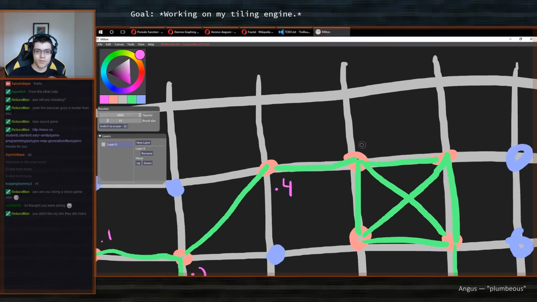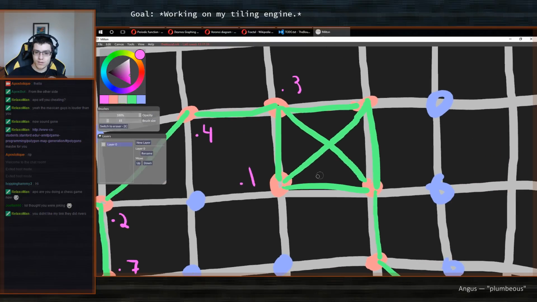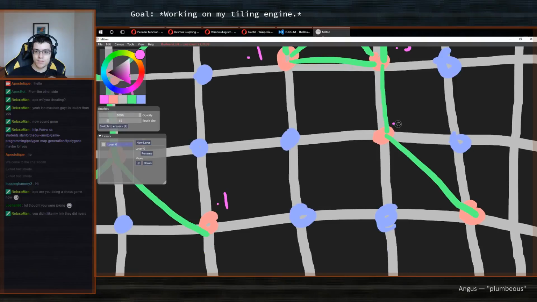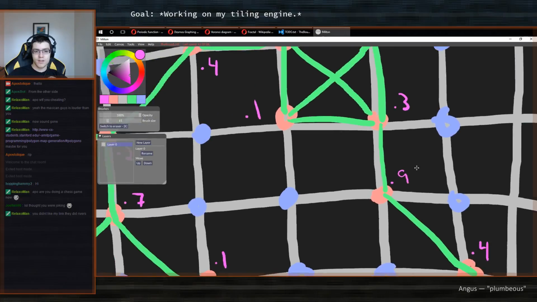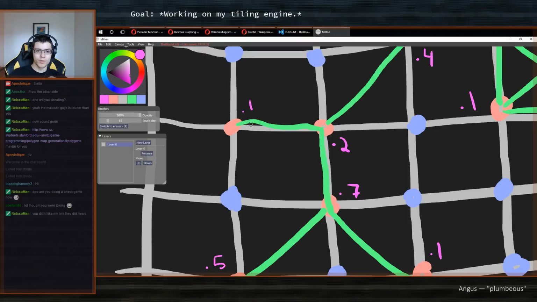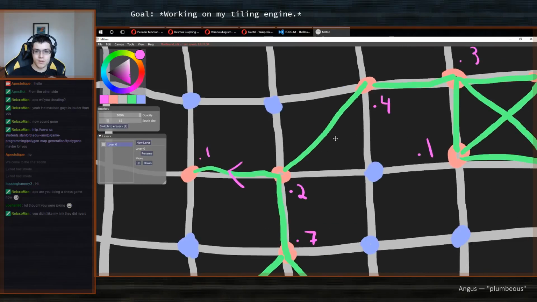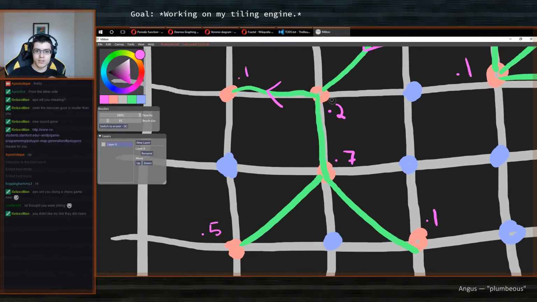I could have removed that, whatever. Okay. And then I can say the flow goes from the stronger to the weaker. So in this case, this is the way it would go. The stronger would go down into the weaker. And then the stronger 2 would go to the 7 like that.